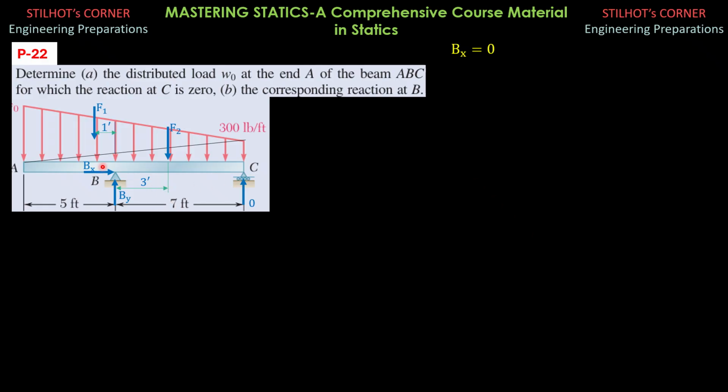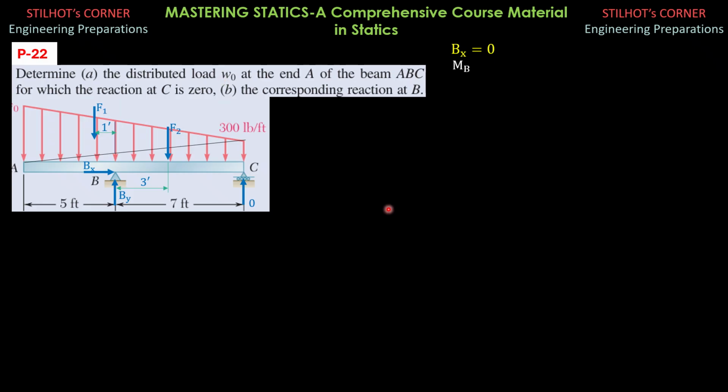So applying now moment summation about B equals 0 because this is in equilibrium, the system is balanced. So counterclockwise moment F1 times 1, then minus clockwise moment F2 times 3 equals 0. The reaction at C has no contribution because it is 0 as stated here.